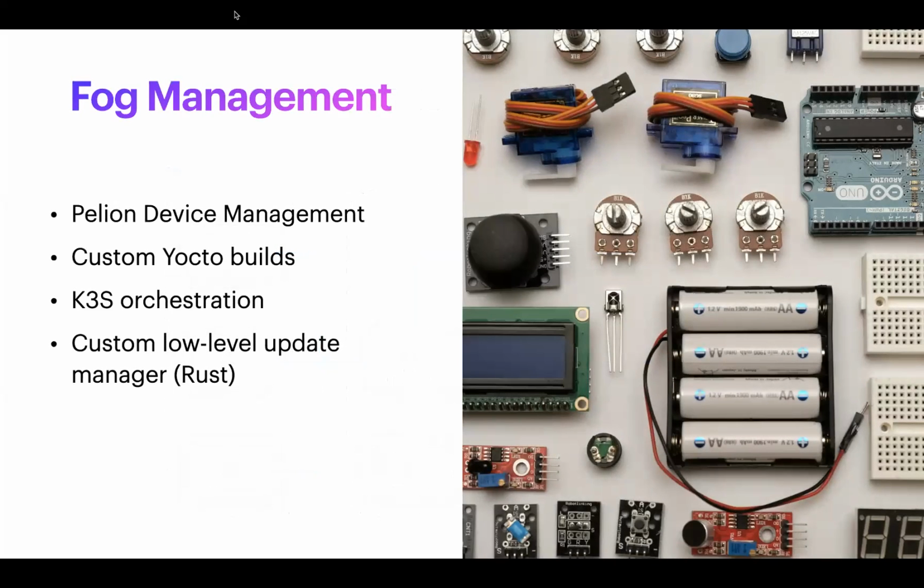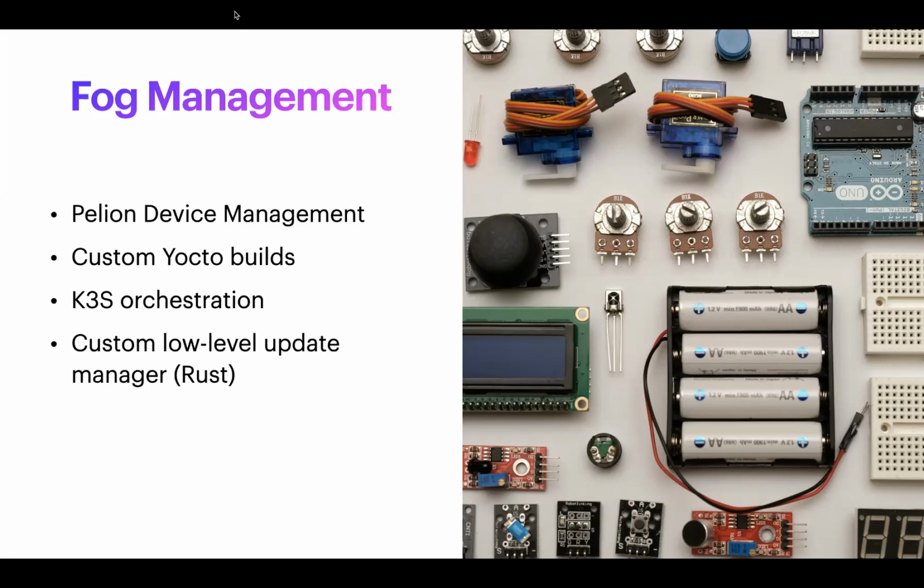So the fog management was Pelion. It was originally owned by ARM, but Pelion was used because it had to be multi-cloud for the farms, because there's a self-sovereignty issue. Pelion was used to do the device management rather than using something like Azure IoT Hub or AWS's IoT management software. We used custom Yocto builds for the implementations, and then K3S orchestration over the top of that on the fog platforms.